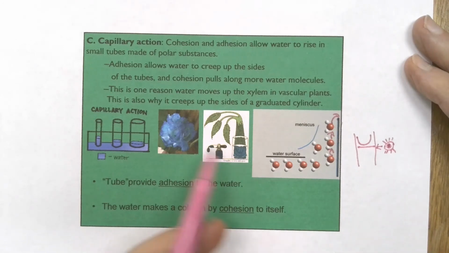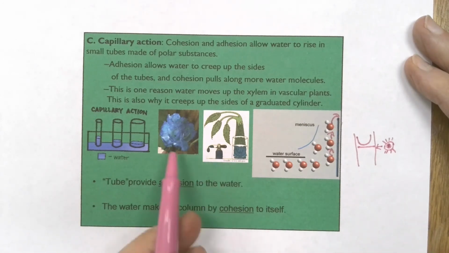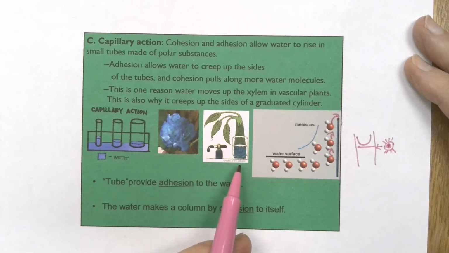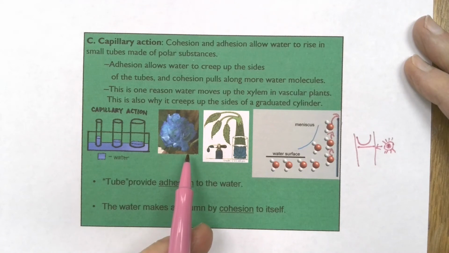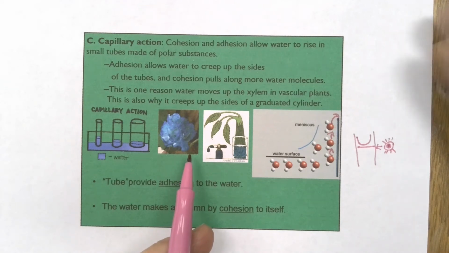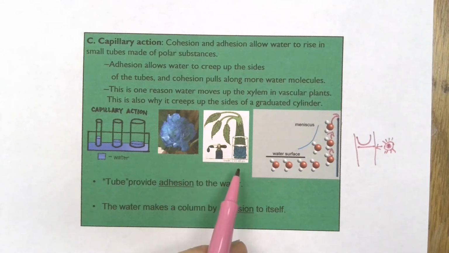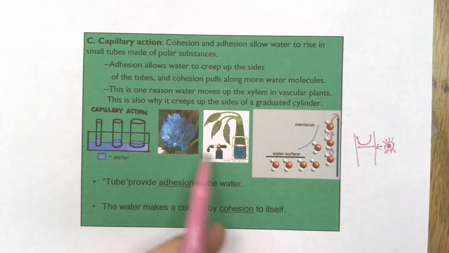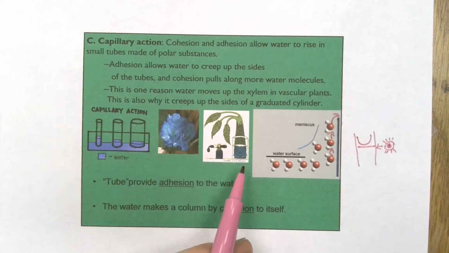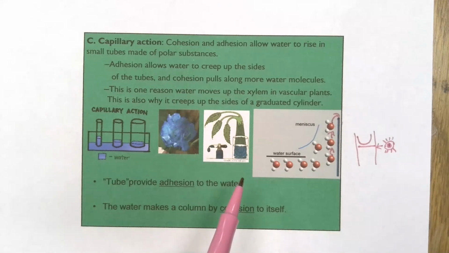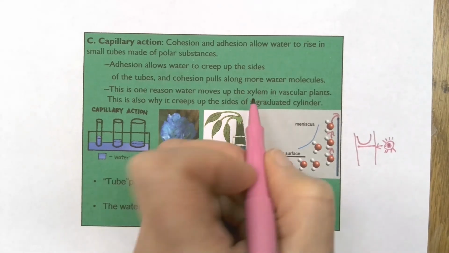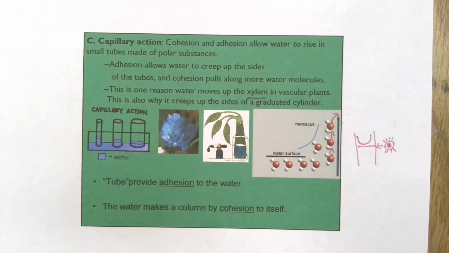This example is supposed to be celery, but this is a carnation. If you put celery or a carnation in food colored water, this is blue, you could do it with red, any color, as long as you've got fresh tissue at the bottom of that stem, that water is going to move up what's called the xylem, that's this word right here, move up the xylem tissue by capillary action.